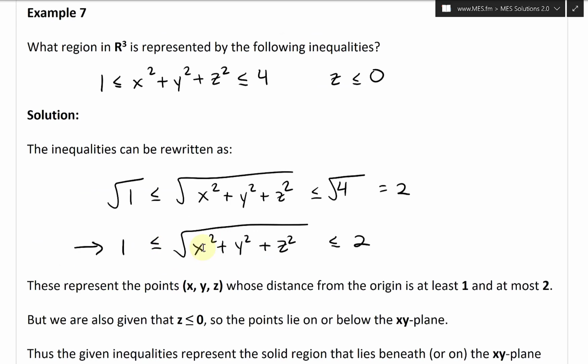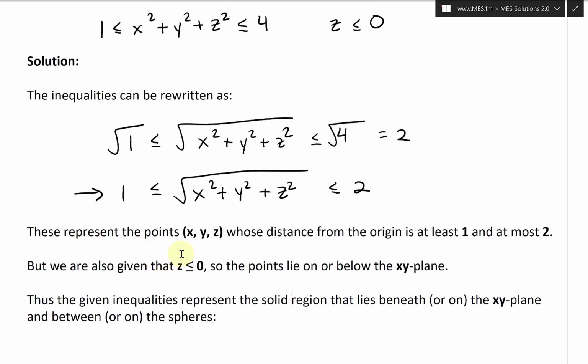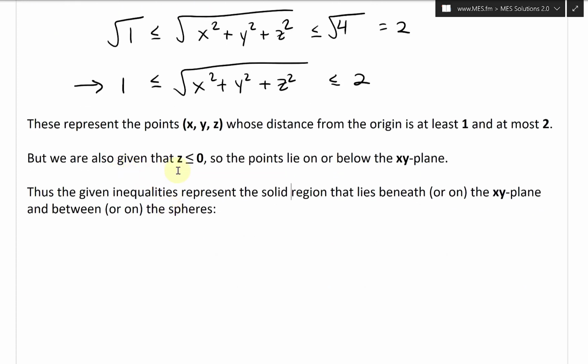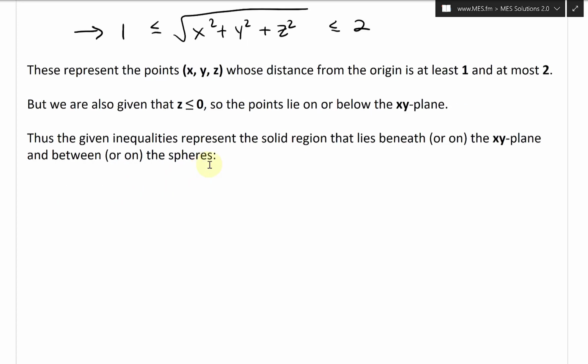These inequalities represent the points x, y, z whose distance from the origin is at least 1 and at most 2. But we are also given that z is less than or equal to 0, so the points lie on or below the xy plane. Thus, the given inequalities represent the solid region that lies beneath or on the xy plane and between or on the following spheres.